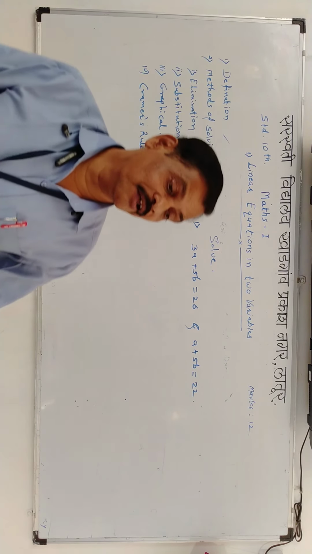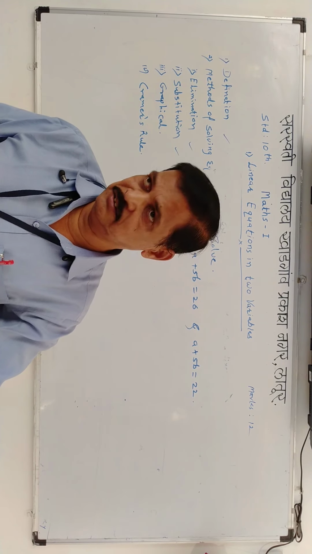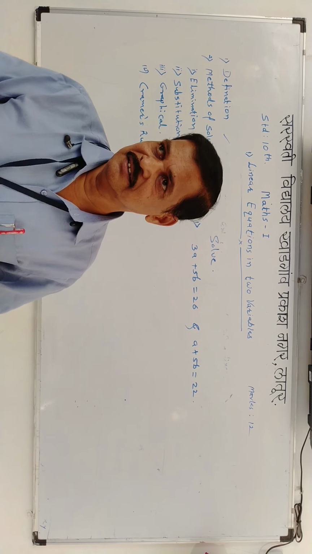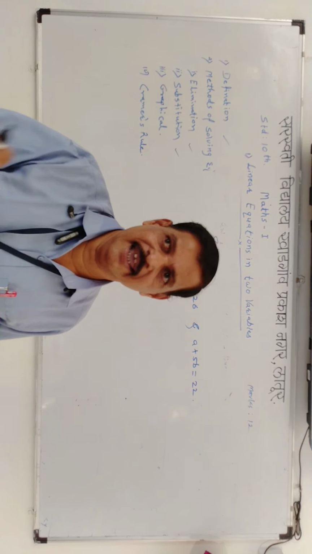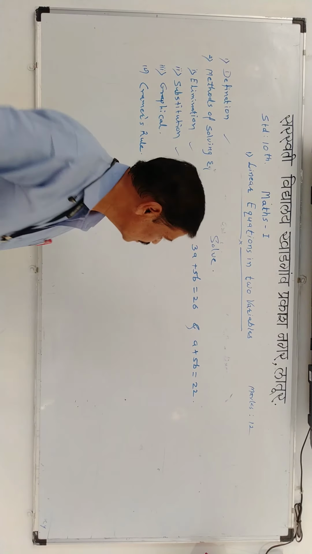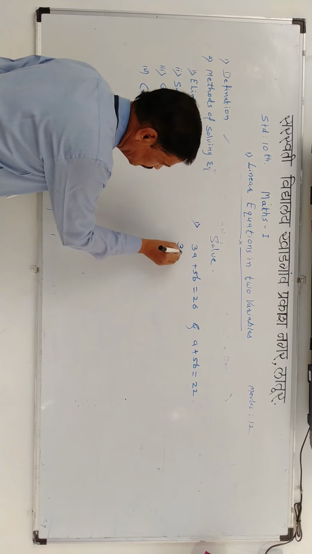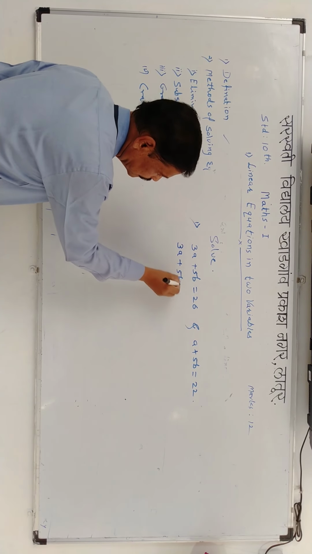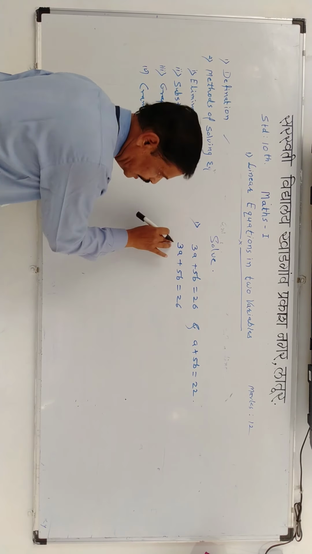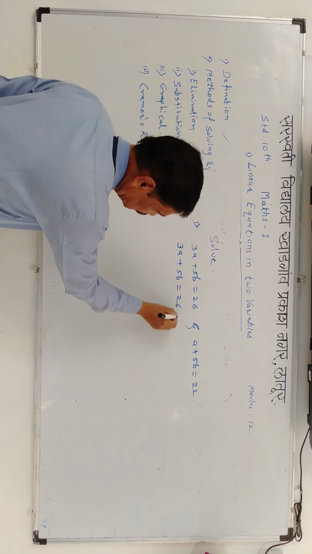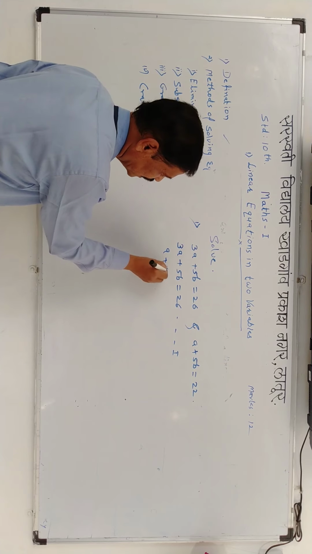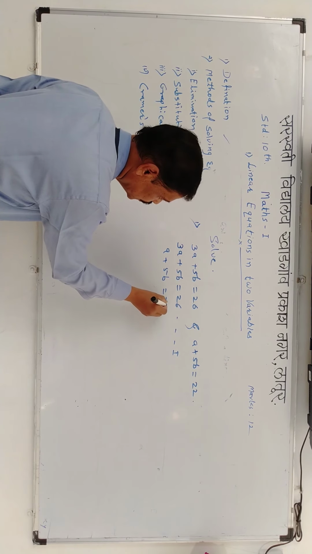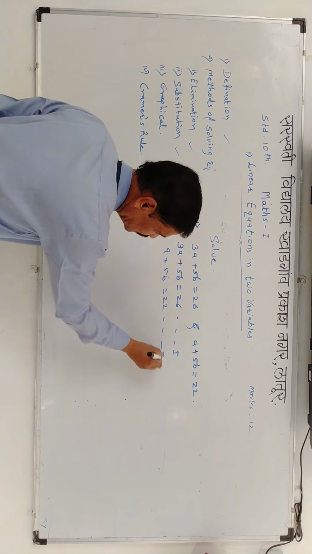It means that whenever we solve these two equations, we have to find out the values of a and b. Now name it as the first equation: 3a plus 5b is equal to 26. This is the first equation, and a plus 5b is equal to 22. This is the second equation.